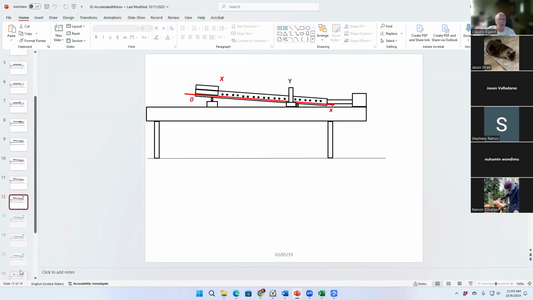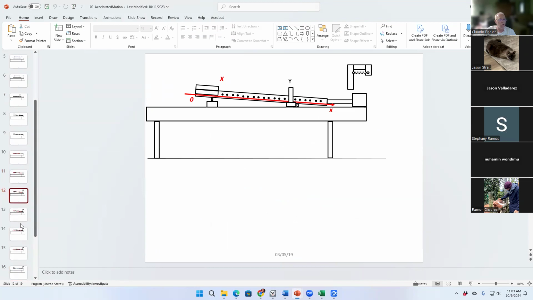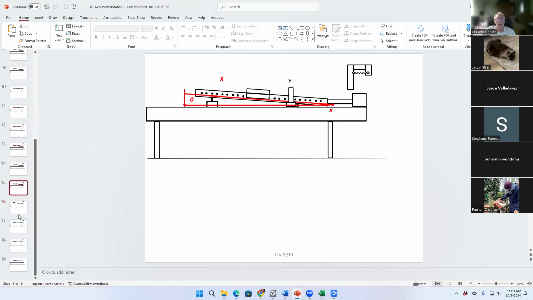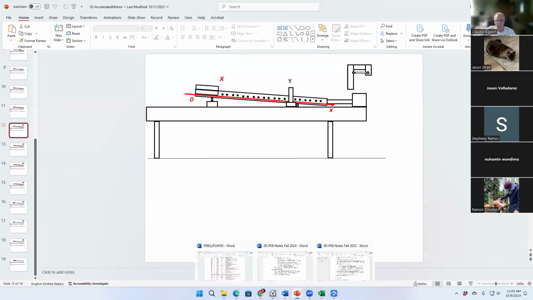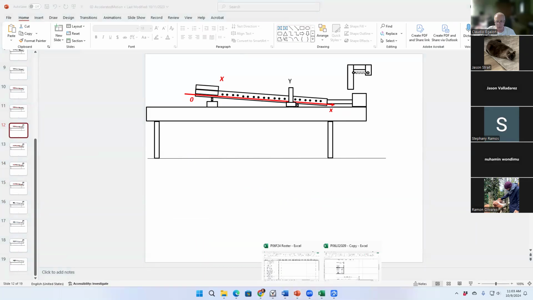Here the cart is going through the photo gate, right? And D is going to be Y minus X.